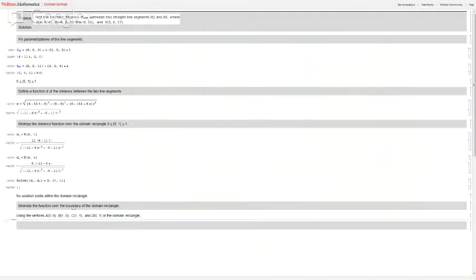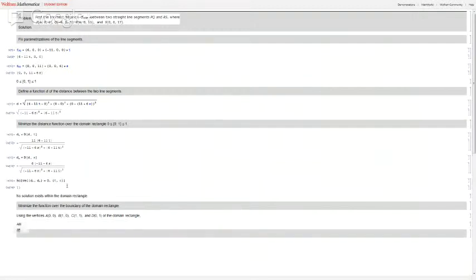I'm going to fix parameterizations of the segments comprising the boundary of the domain rectangle. So I have AB, let's make it a function AB, equal to the point A, 0, 0, plus the vector AB, 1, 0, times the parameter t.